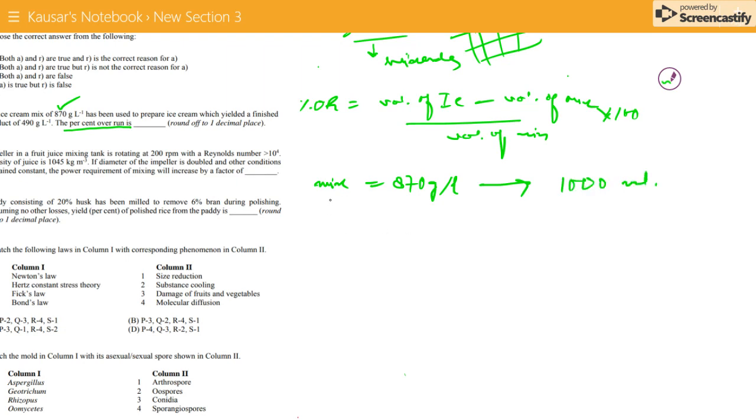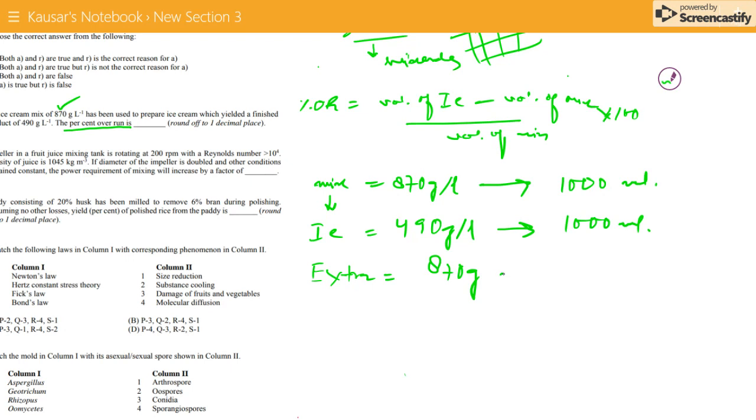Now from this mix we have prepared ice cream, which is given as 490 gram per liter, which means the volume is again 1 liter. Now we have used only 490 gram per liter. We have a part which is left, the extra part. That extra part is 870 gram per liter minus 490 gram per liter, which is equal to 380.